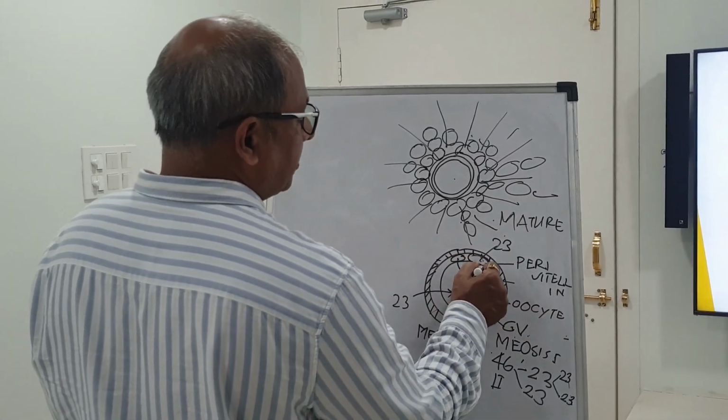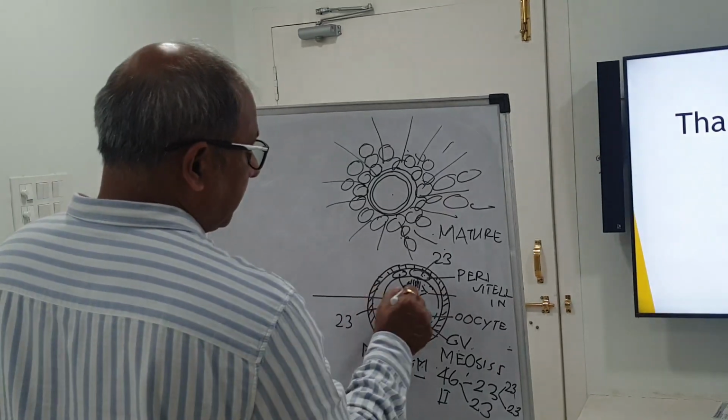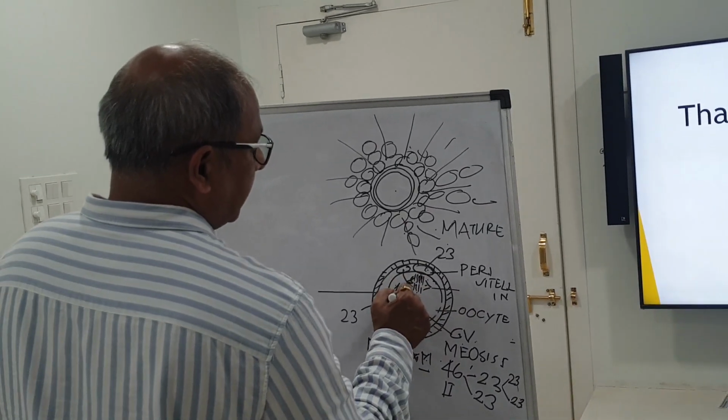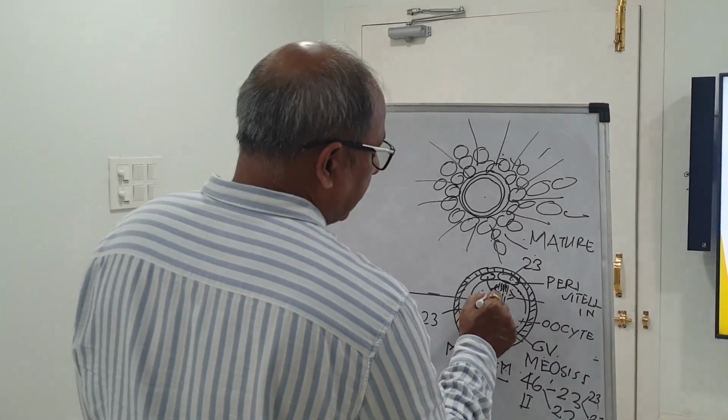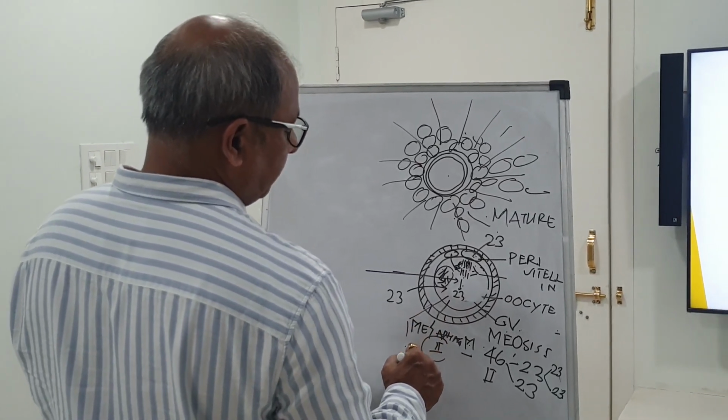Now, why is it important? If you inject the sperm here, no problem. But if you don't see this, and suppose the spindle is here, and you cross this spindle, you are damaging the spindle. So there will be fertilization failure or poor embryo growth.